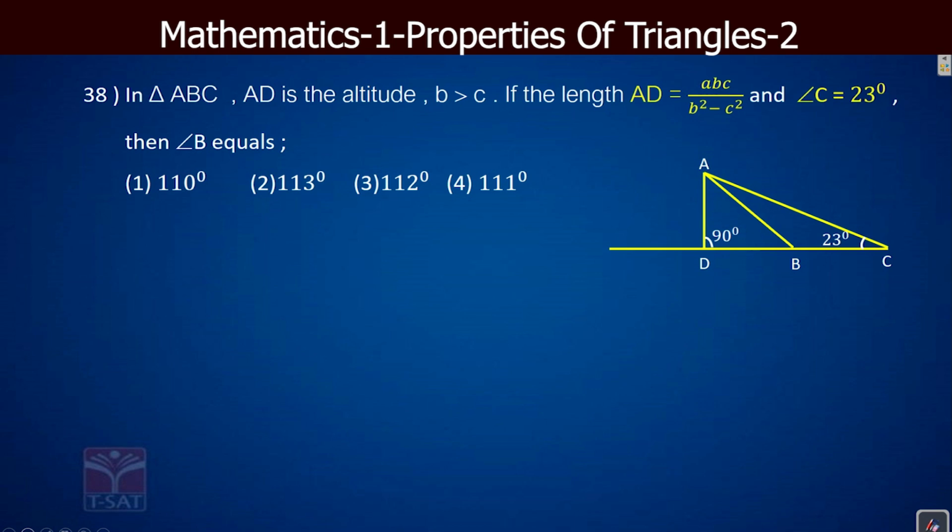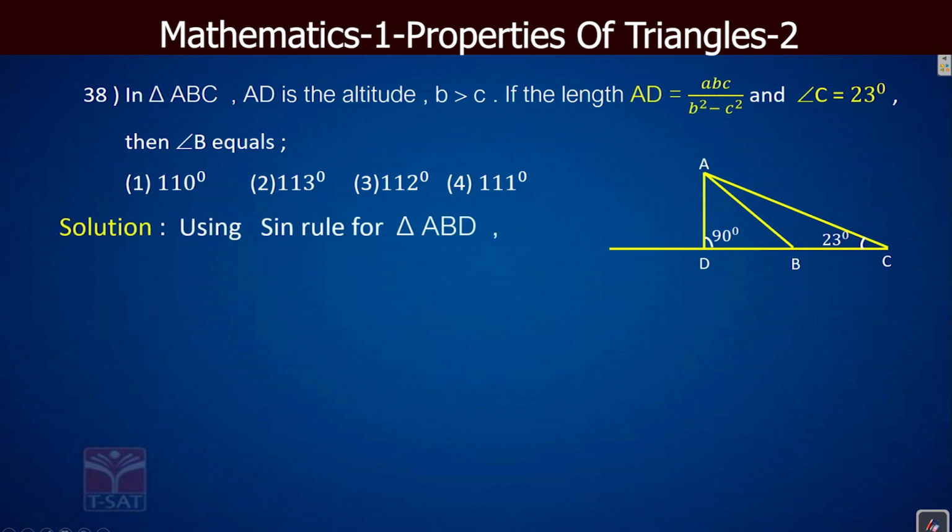So here in this problem, what you are given as the hypothesis: small b is greater than small c. That means AC is greater than AB. And also the altitude drawn from A to the opposite side BC is abc by b square minus c square. Then, C is equal to 23 degrees, and you have to calculate angle B.